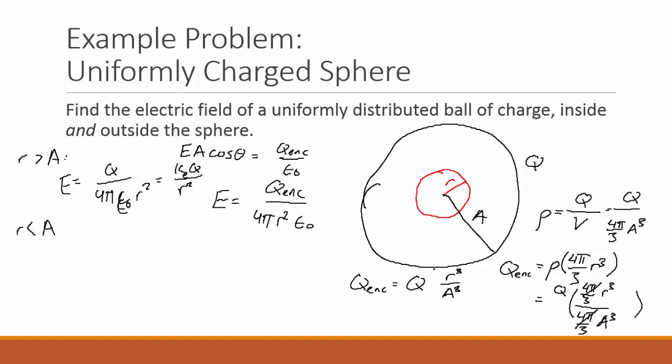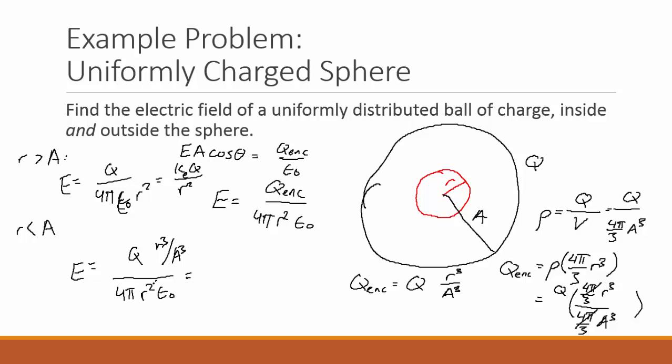So if I plug that into the electric field formula, here I have Q r cubed over A cubed, over 4 pi r squared epsilon naught.